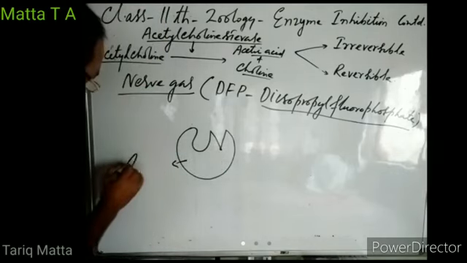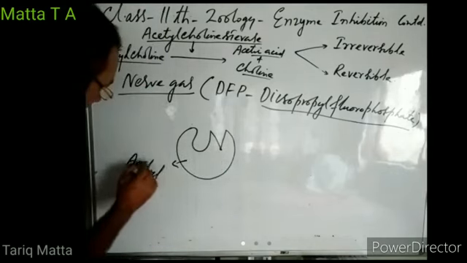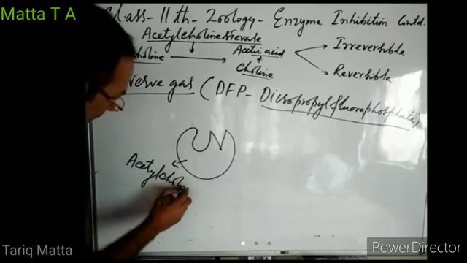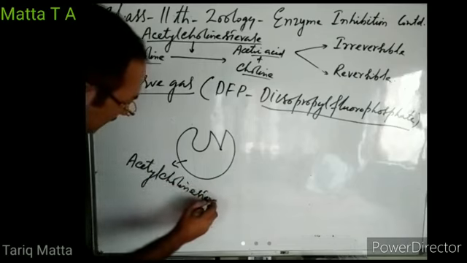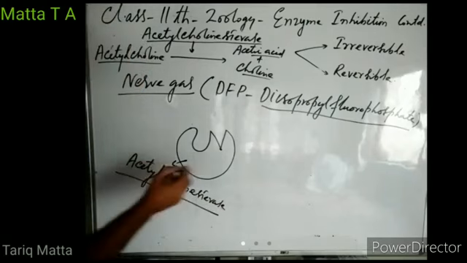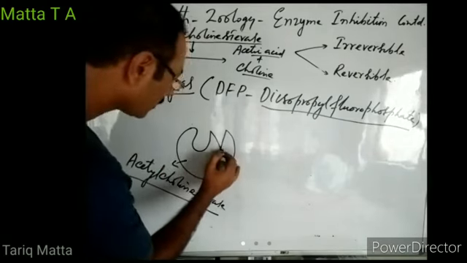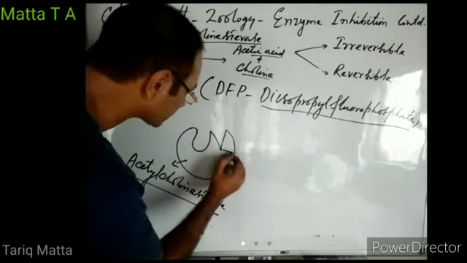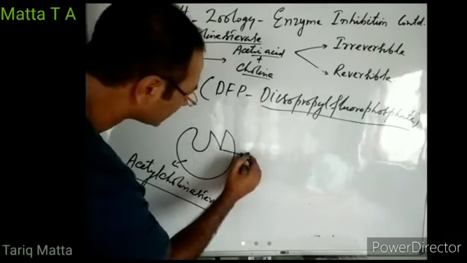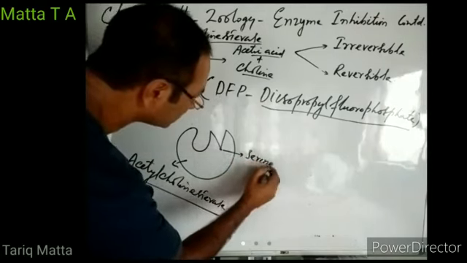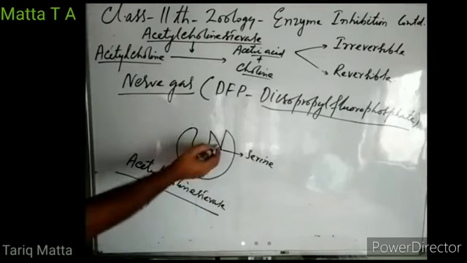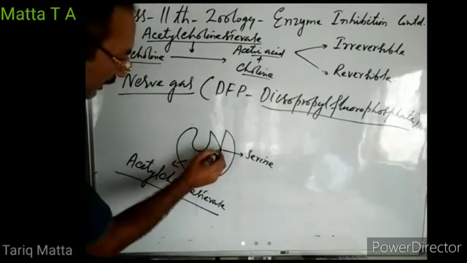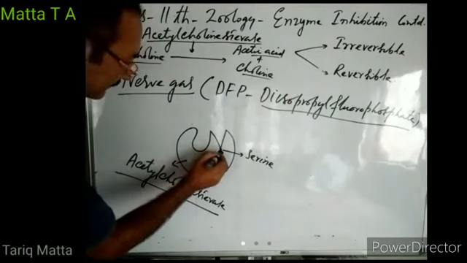This DFP binds only to a part of the active site of this enzyme, acetylcholine esterase. It binds to one of the amino acids on its active site. On this active site, there is an amino acid serine. This diisopropyl fluorophosphate binds only to this serine.